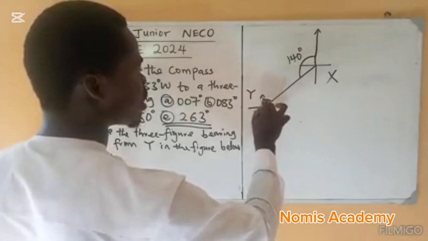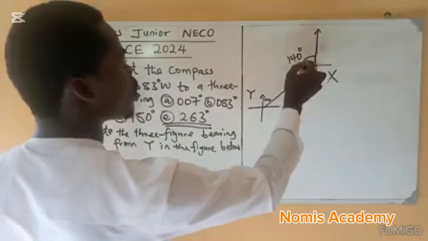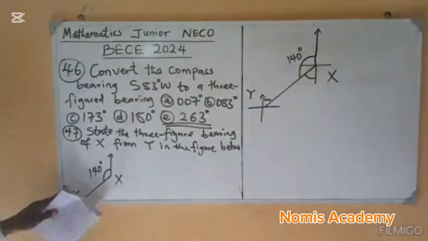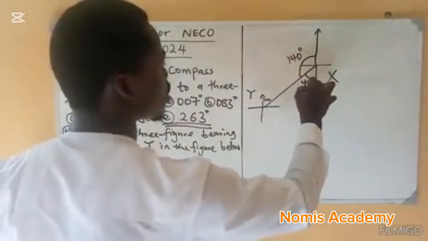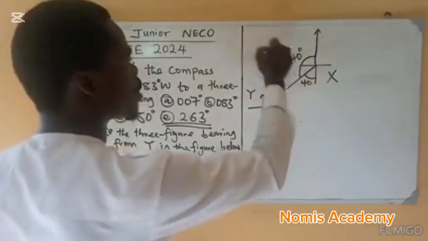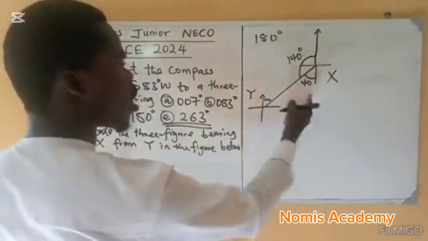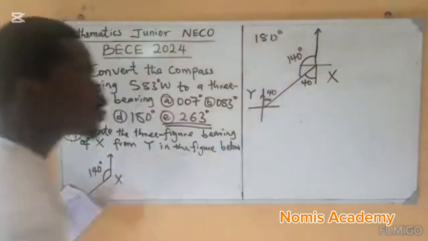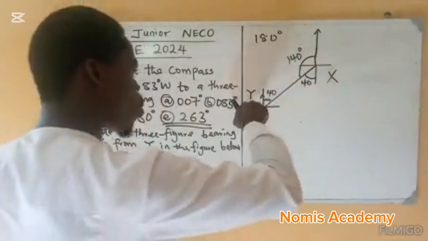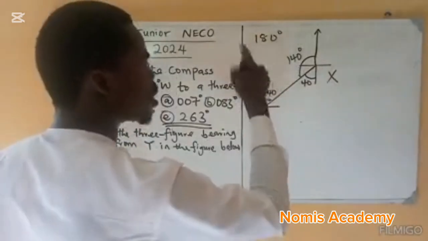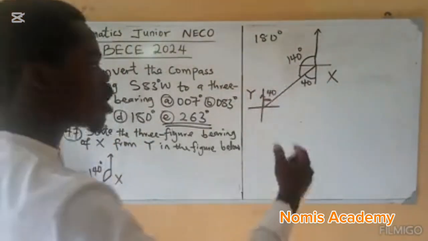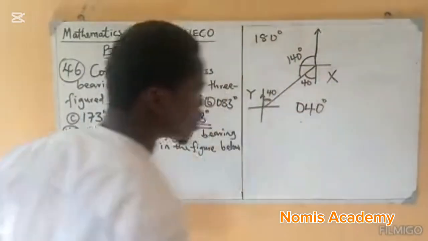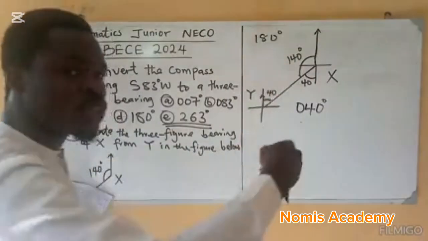Since we know here to be 140, to get a straight line angle, that would be 40. So that 40 plus 140 will give us 180 degrees. So this angle is 40 degrees, this angle is also 40 degrees. So the bearing of X from Y is 40 degrees. Now the three-figured bearing is going to be 040 degrees, because the angle is in the first quadrant.